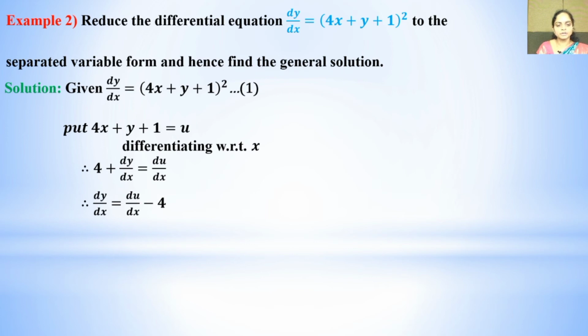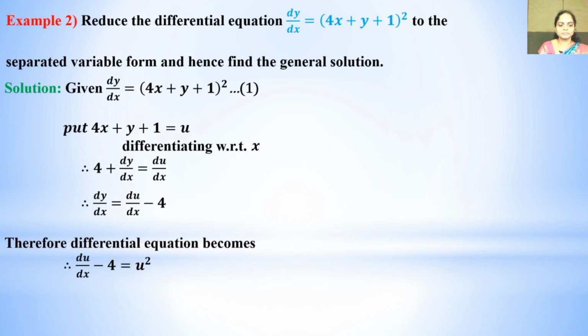We use the value of dy by dx and 4x plus y plus 1 in equation 1. Therefore, equation 1 becomes du by dx minus 4 is equal to u square. Now, we take the term 4 to the RHS, we get du by dx is equal to u square plus 4.